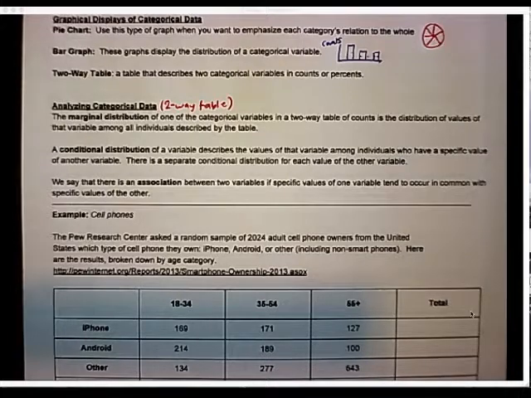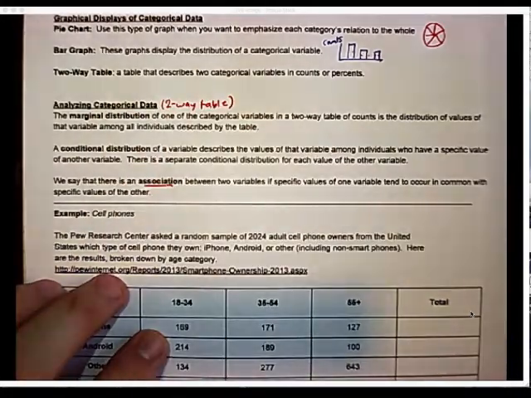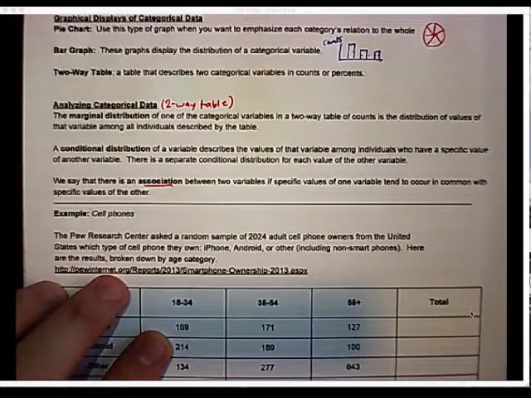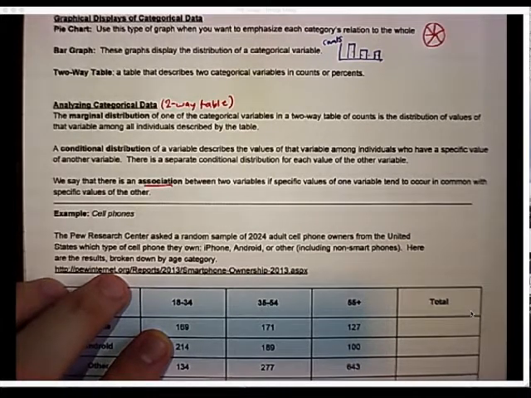And a conditional distribution of a variable describes the values of that variable among individuals who have a specific value of another variable. And there's a separate conditional distribution for each value of the other variable. And we can say that there's an association between two variables if specific values of one variable tend to occur in common with specific values of the other.